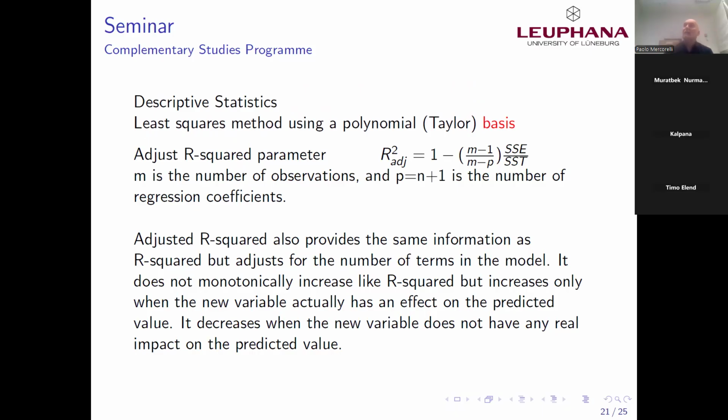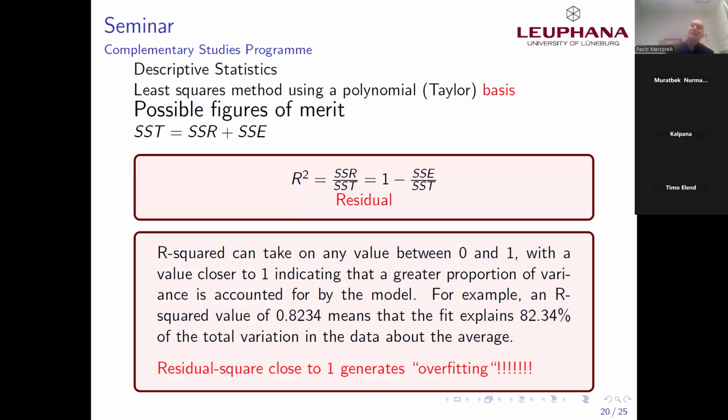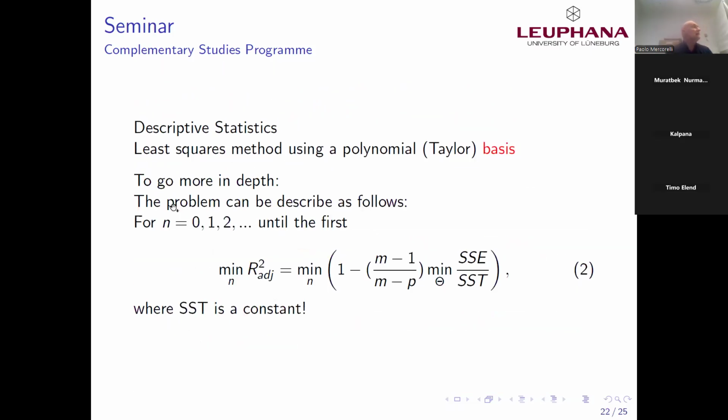Or better to say, do you remember I told you, if I use just R squared, this cost function here, and now I will show you again with the example in MATLAB, R squared can be used to minimize SSE, to minimize the deterministic error, but cannot be used to minimize n. I mean, I cannot choose the best n. Of course, the idea is to choose the compromise between both. I cannot minimize both totally.